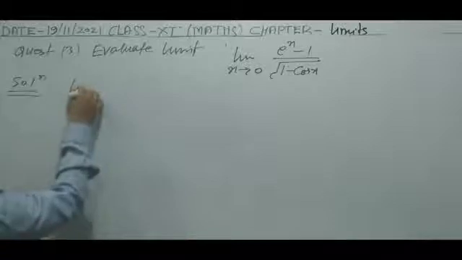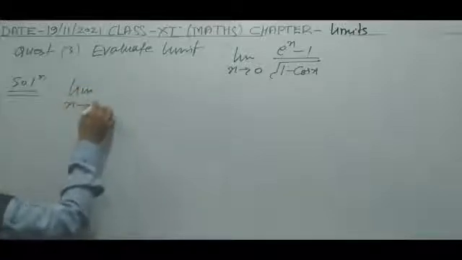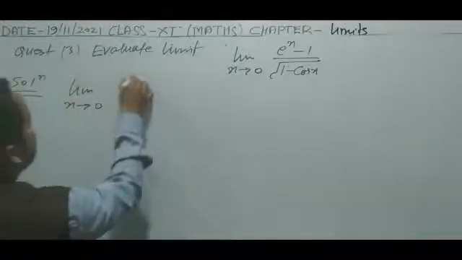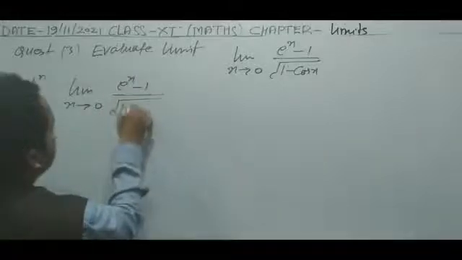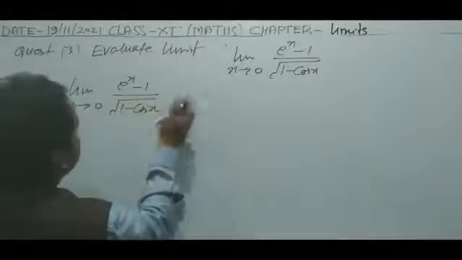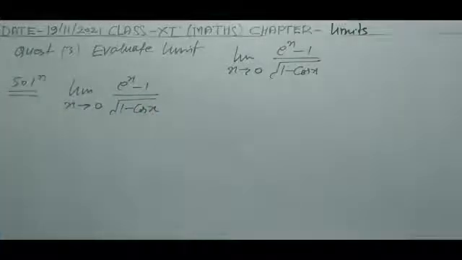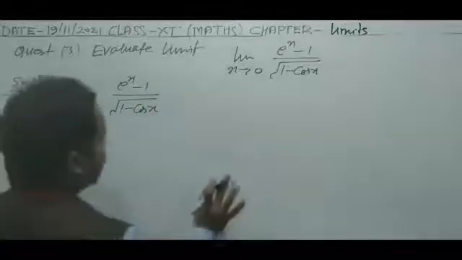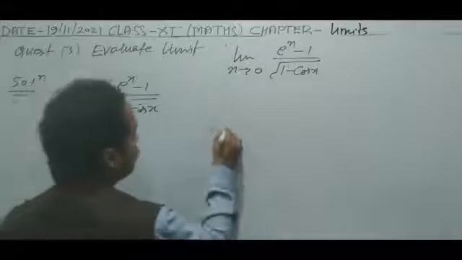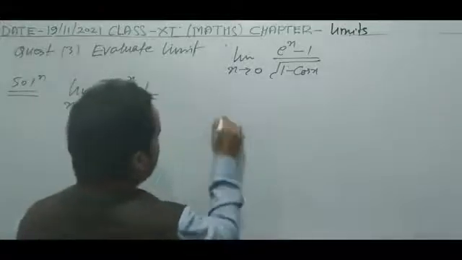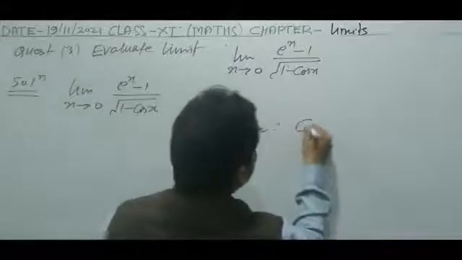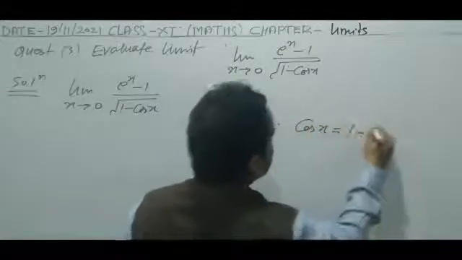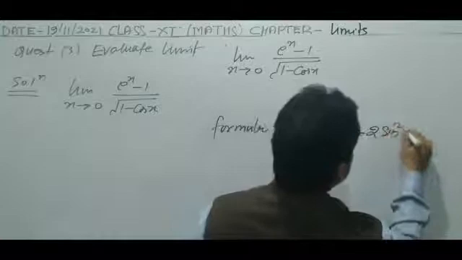Limit x tends to 0, e to the power x minus 1 whole upon root over 1 minus cos x. So you know the formula, cos x result is 1 minus 2 sin square x by 2.